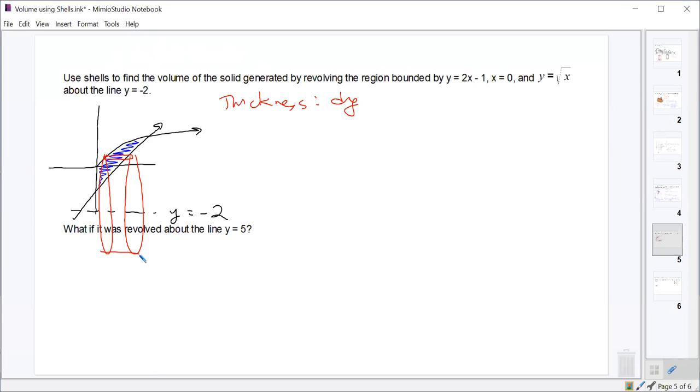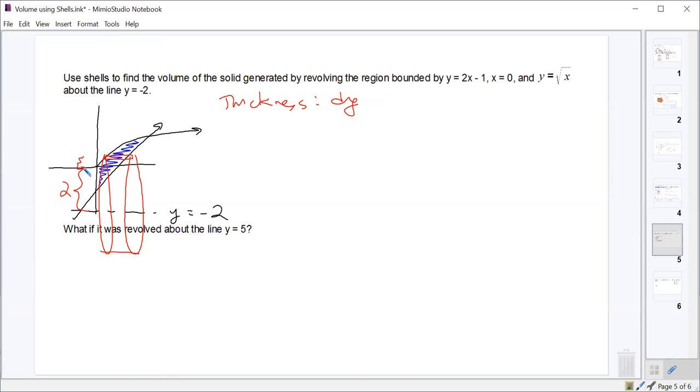It would be cool if it was just y again, right? But it's not because we're not going around the x-axis. We're just going around something that is parallel to the x-axis. So first, what's the distance from the x-axis to the line revolving around? That's 2. What's the rest of it?